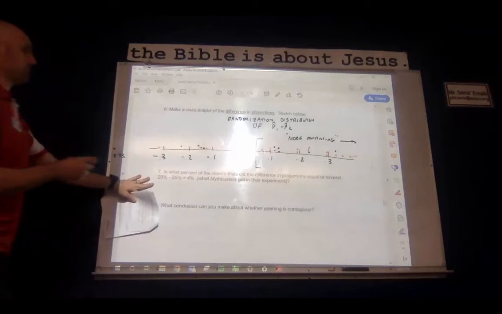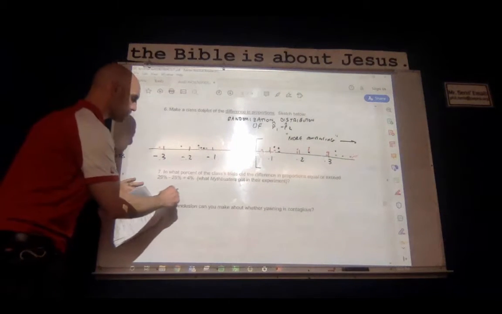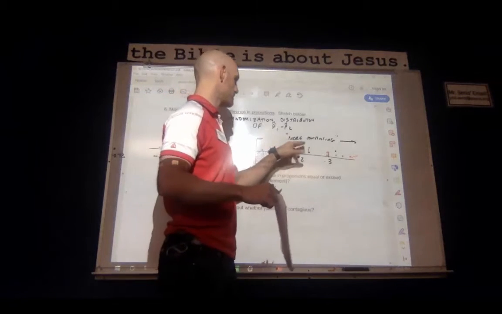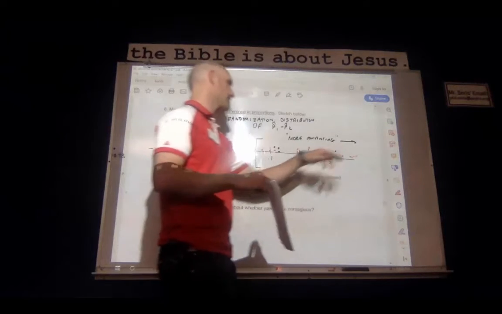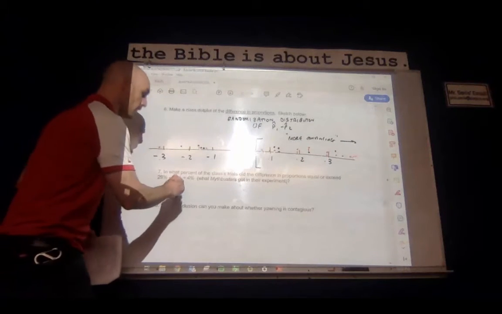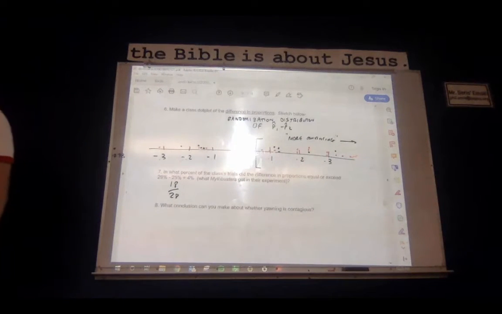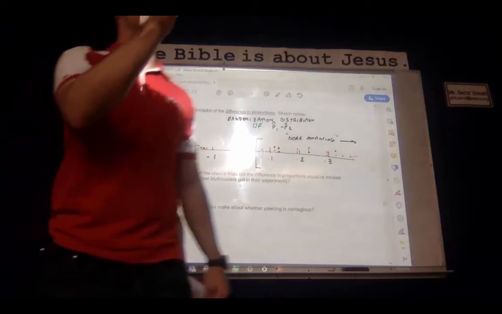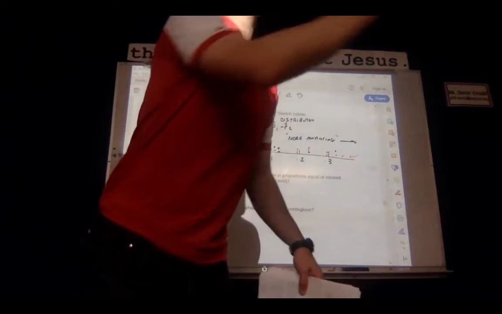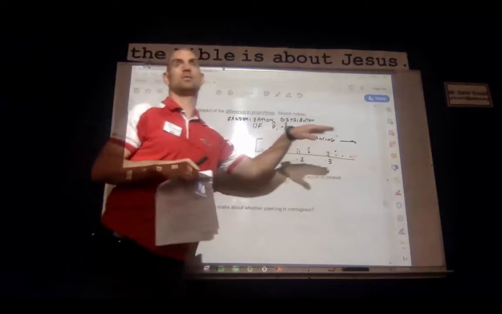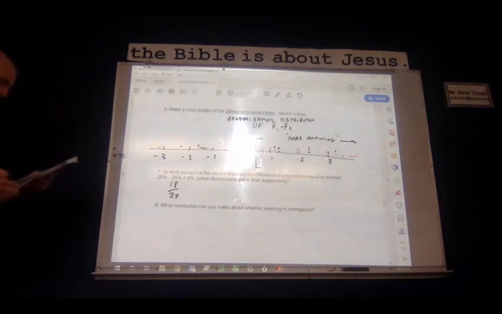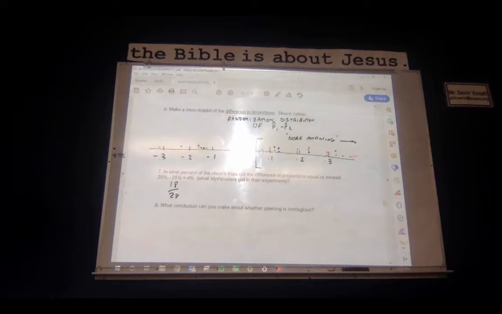So our denominator is 28. 1, 2, 3, ... 18. 18 of our 28 dots were at the level that the Mythbusters said, I'm convinced, or greater, or more convincing. Does that make sense? And so, what conclusion can we make about whether yawning is contagious?